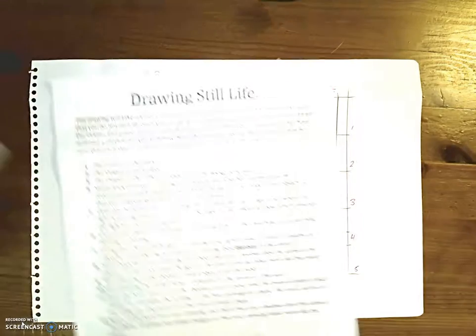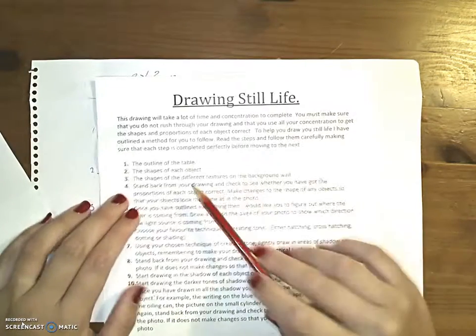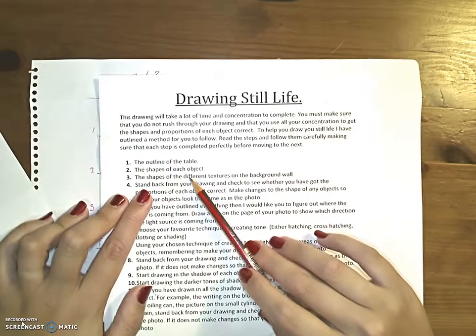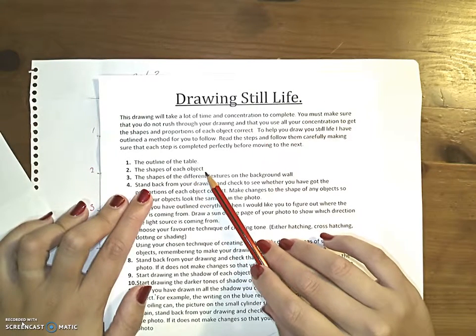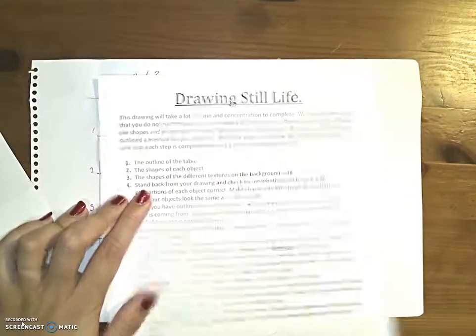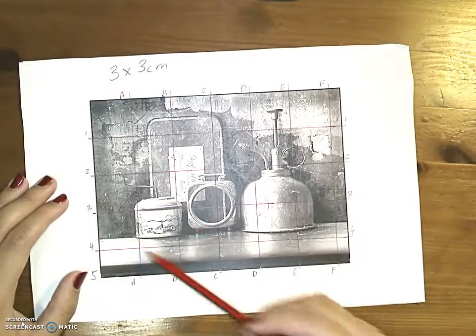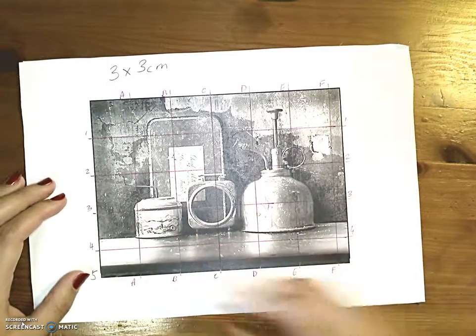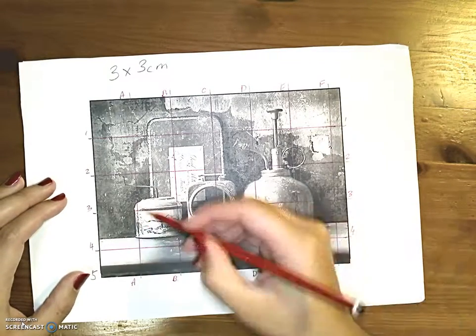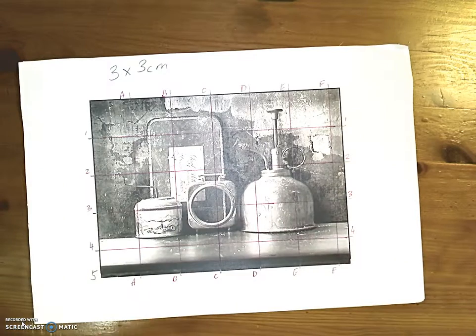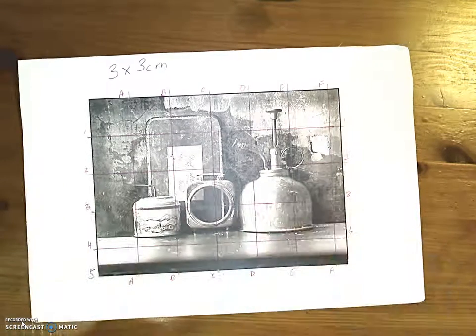The next step is to outline each of the objects on the table. So we're going to start with this one. Now when I'm looking at this shape, I'm actually going to look and refer to the points of where it's touching the line.